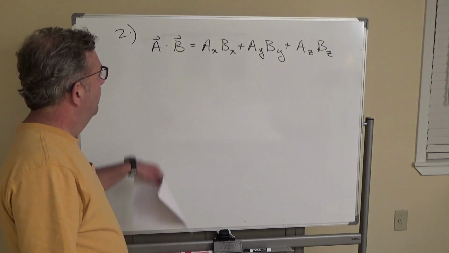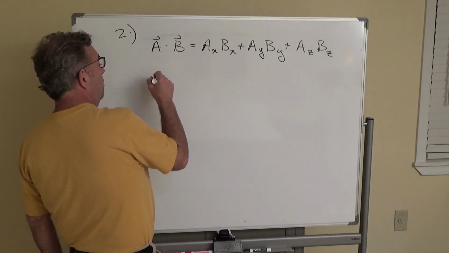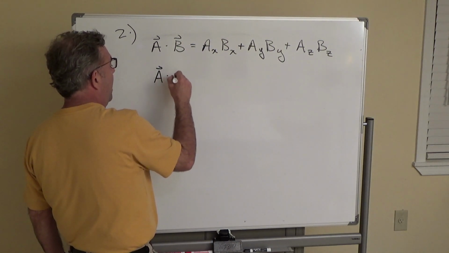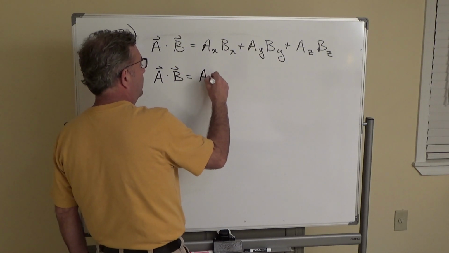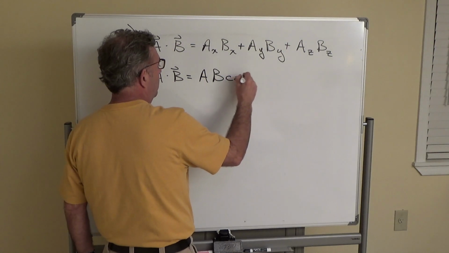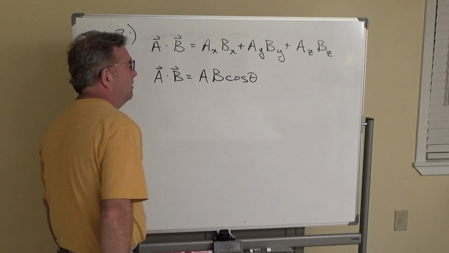Okay? Now, we also know that A dot B is equal to magnitude A, magnitude B, cosine theta.